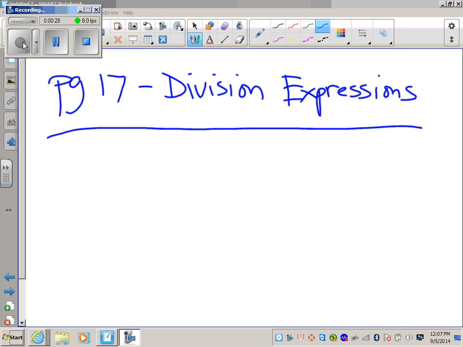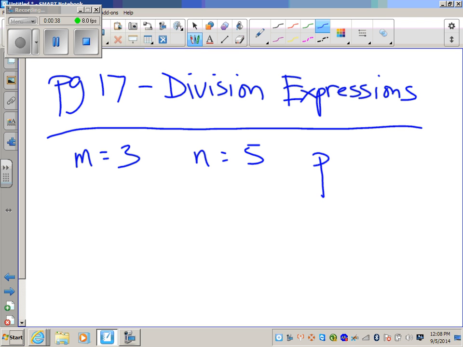Very similar. Let's take, for example, we know that every time we see m, it equals 3, n will equal 5, and p will equal 4. And if I said, okay, knowing that, what is p over 2?